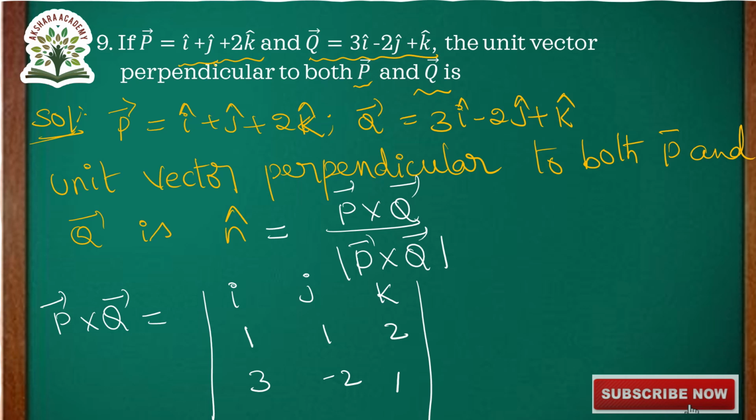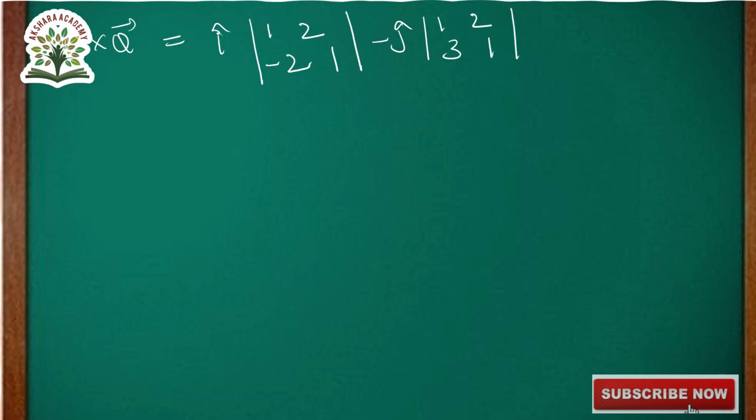Next, P bar cross Q bar is equal to i cap of determinant of 1, 2, minus 2, 1 minus j cap of determinant of 1, 2, 3, 1 plus k cap of determinant of 1, 1, 3, minus 2.